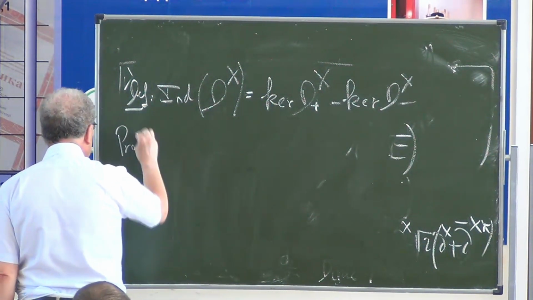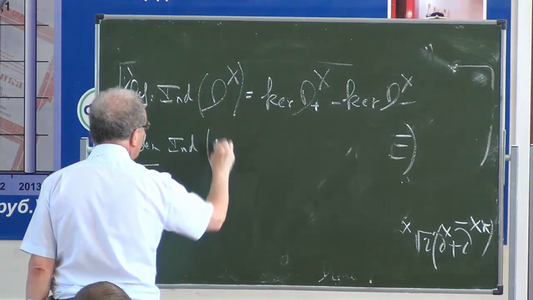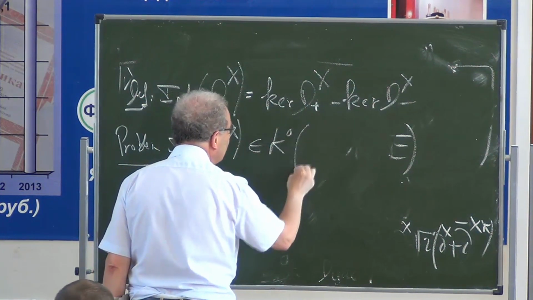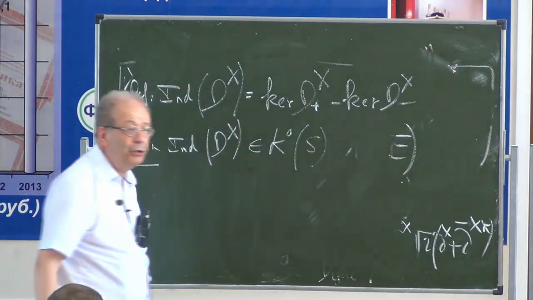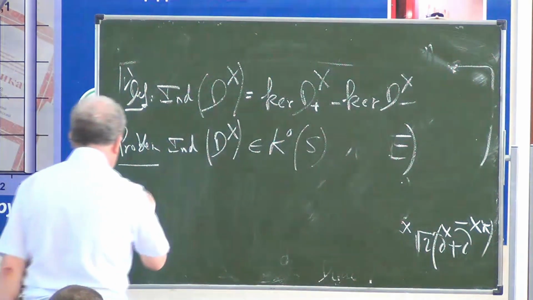So, what is the families index problem? The problem is to compute the index bundle of D^X as a bundle in K^0 of the base. We want to compute this bundle as a class in K^0(S), and more specifically, what we want to find is its Chern character.